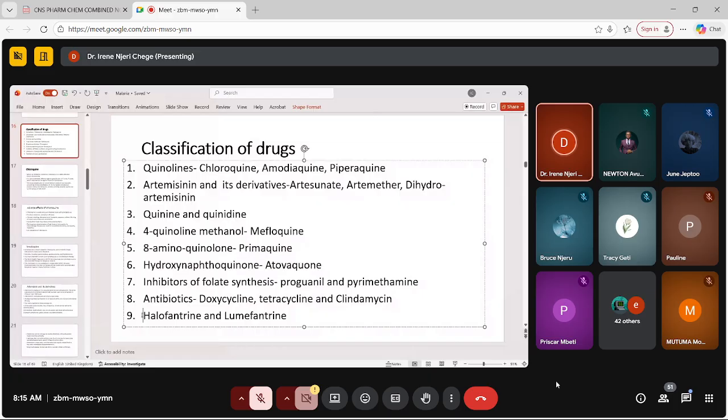In complicated malaria, quinine and quinidine can also be given, but artesunate can also be given. The only difference is artesunate has got more side effects than quinine and quinidine. So you find quinine is actually our go-to for complicated malaria, which I defined for you, where you have organ involvement.